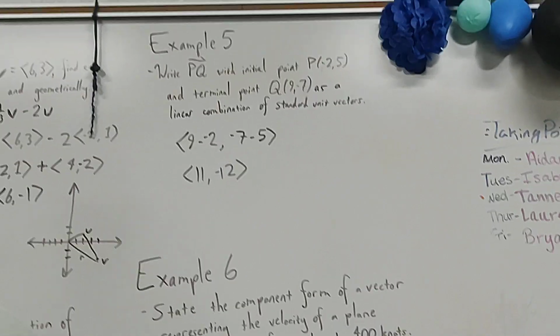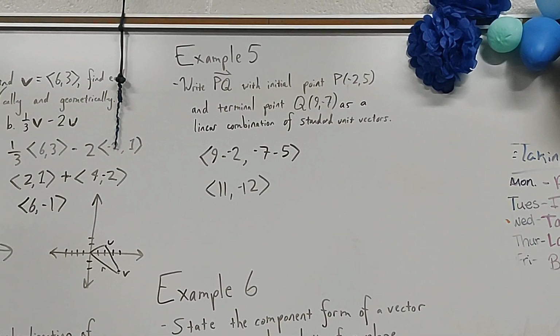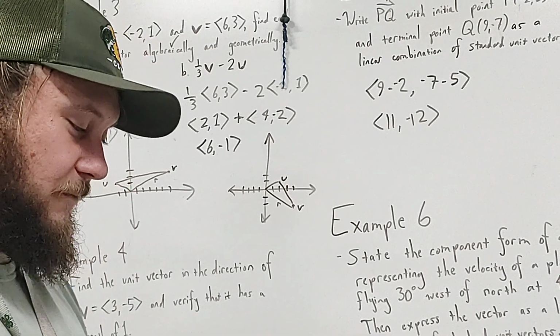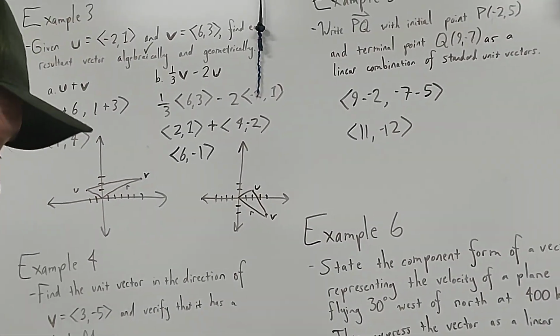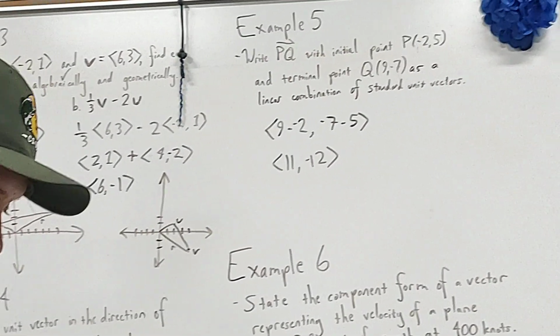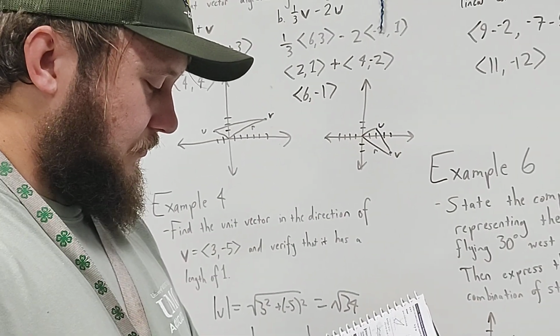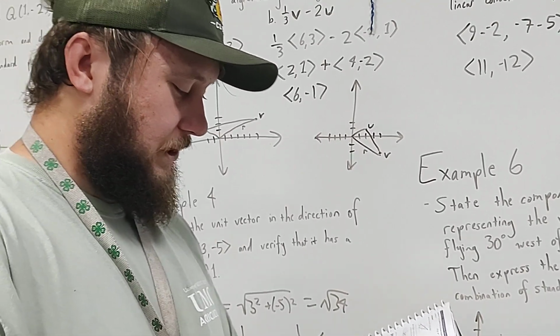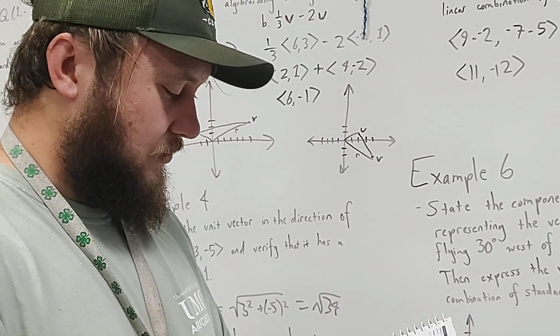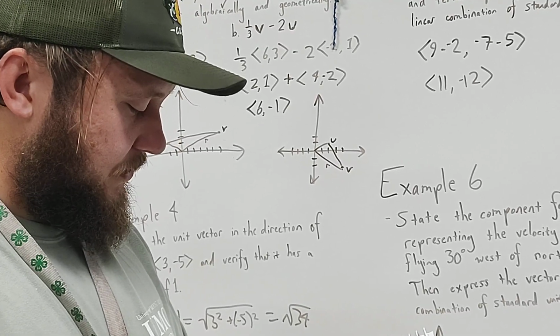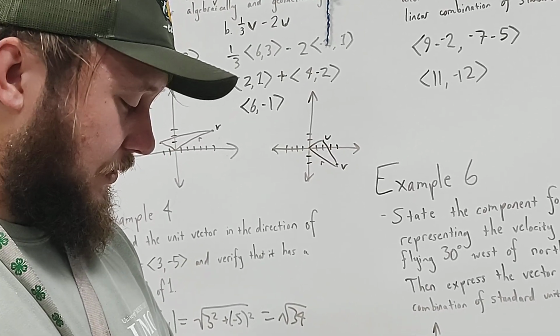And then we're going to write PQ as a linear combination of i and j. So this might be confusing. Why do we use i and j? If you look back on page 289, it says the standard unit vectors i equals 1, 0 and j equals 0, 1 can be used to write a vector v as a linear combination of its horizontal and vertical components.